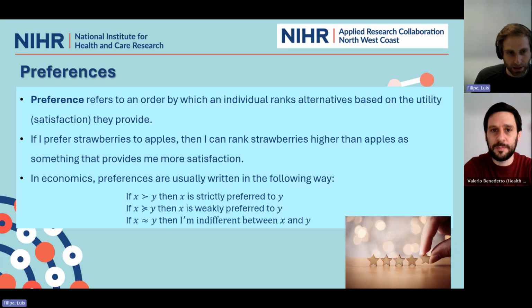Now, let me be a little bit more technical. In economics, preferences are usually written in the way that you can see below. You have some X, and if you have that sign that looks like a bigger sign than Y, it means that you prefer X to Y. In this case, let's use strawberries and apples.